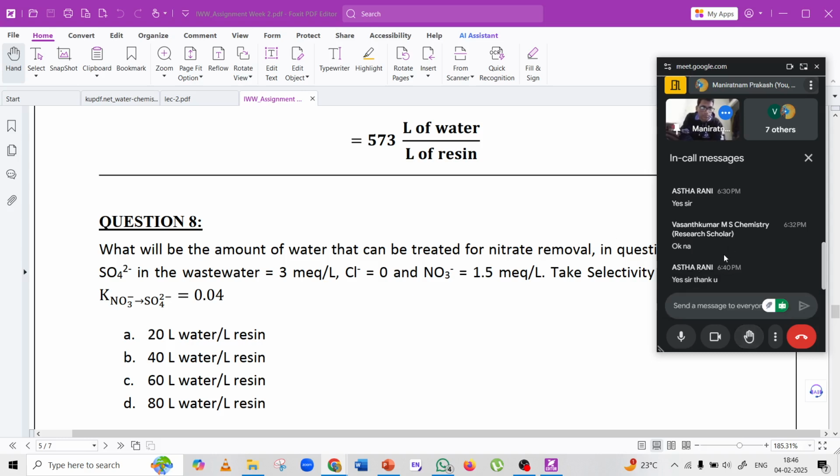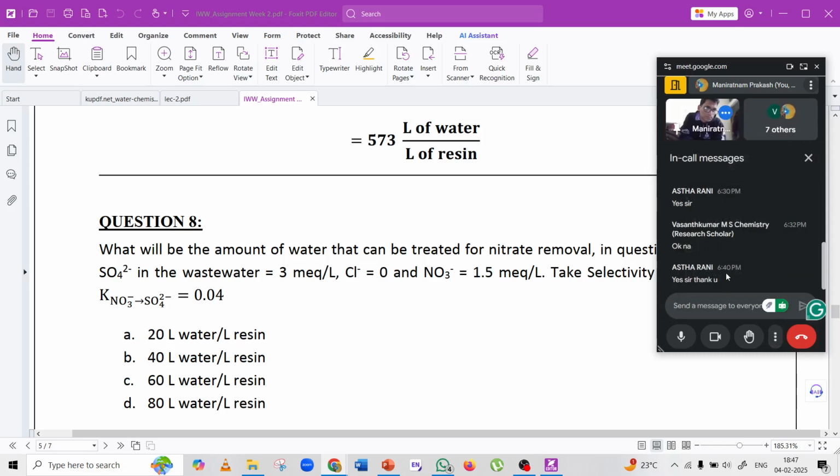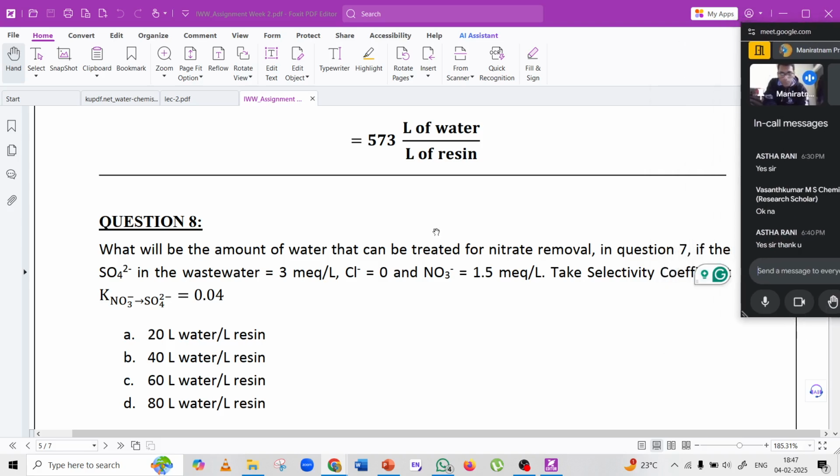I think no one is solving. Am I correct? Basant Kumar, are you solving? Astha, if you have understood, are you solving it? Then we have Prabhu. Did anyone get any answer? No response. I don't know what to say.